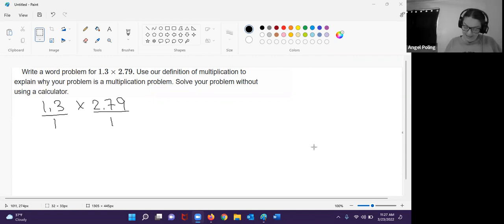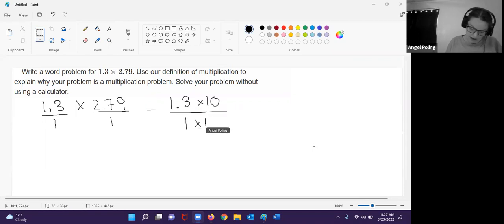Now, to get the 1.3 to the form of a whole number, we're going to multiply the top by 10 as well as the bottom, right? And to get the 2.79 to a whole number, we multiply by 10 twice.